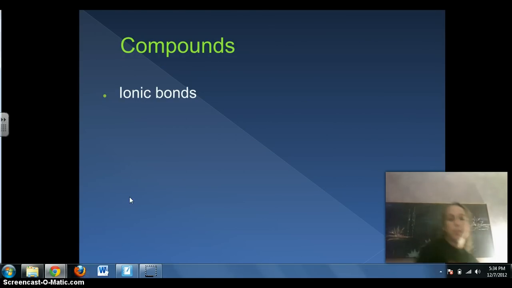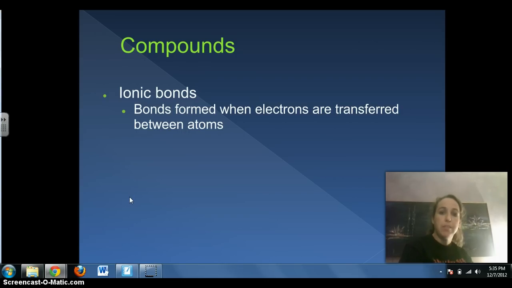Okay, so we're going to focus on the different types of compounds that we have, and there's 2 main types of compounds in biological organisms. One is formed by ionic bonds. Ionic bonds are formed when electrons are transferred between atoms. So one atom gets an electron and the other one loses it. What that forms is an ion, which is a charged atom.